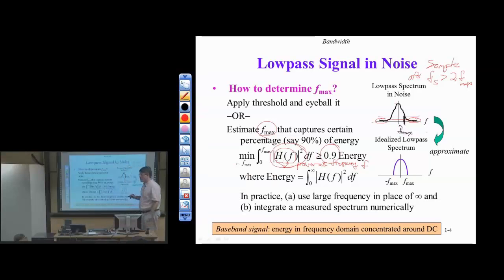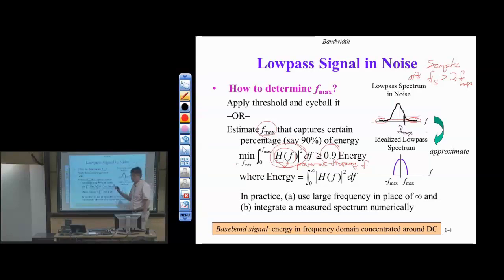Now, this does look arbitrary. What will happen is if we pick F max according to this formula and we sample at just above 2 F max according to the sampling theorem, it tells us how much energy aliases. So even though this 0.9 is arbitrary, it tells us that if I pick the sampling rate at just above 2 times F max, 10% of the energy will alias.